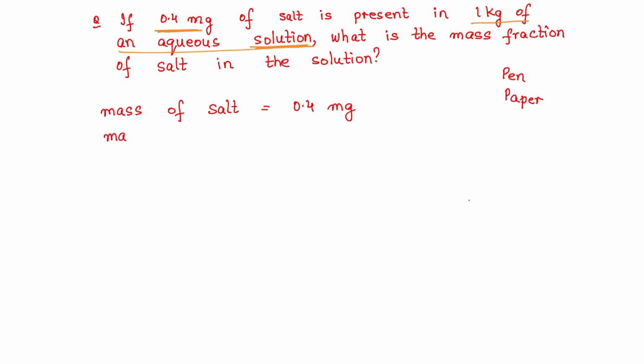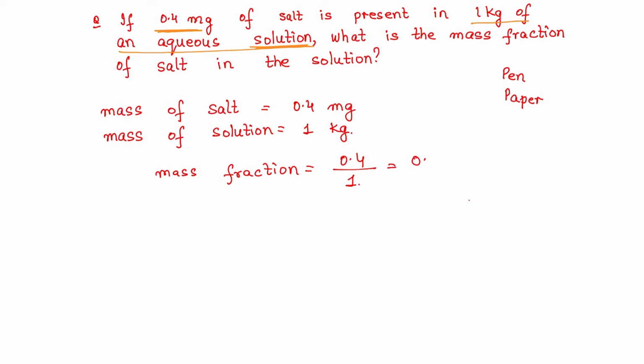So we will have over here, mass of solution is 1 kg, right? Now can I compare the two? Very easily we will say mass fraction is equal to the mass of the salt divided by the mass of the solution, and you get it as 0.4.